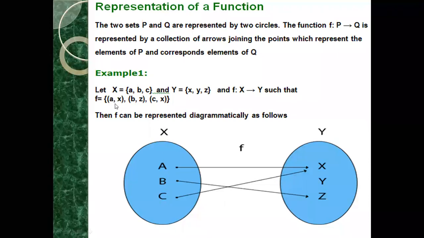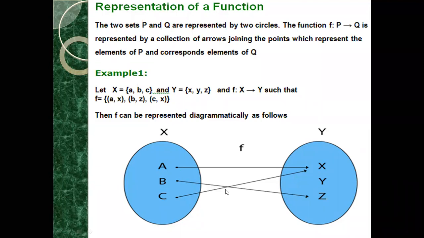So here the function a to x. So a is associated with x, b is associated with z, and c is associated with x. This is the graphical representation of a function.